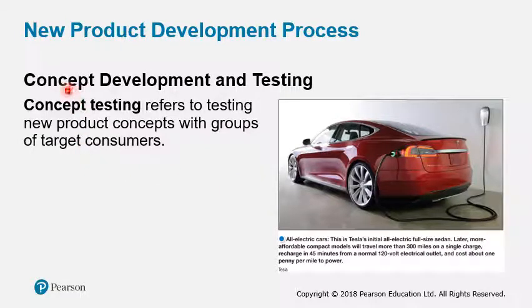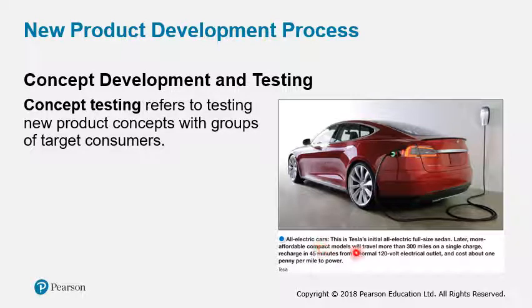The fourth stage is concept testing. Here it refers to testing a new product concept with groups of target consumers. You are basically still trying to get people to understand the concept of that particular product. For example, electric cars.